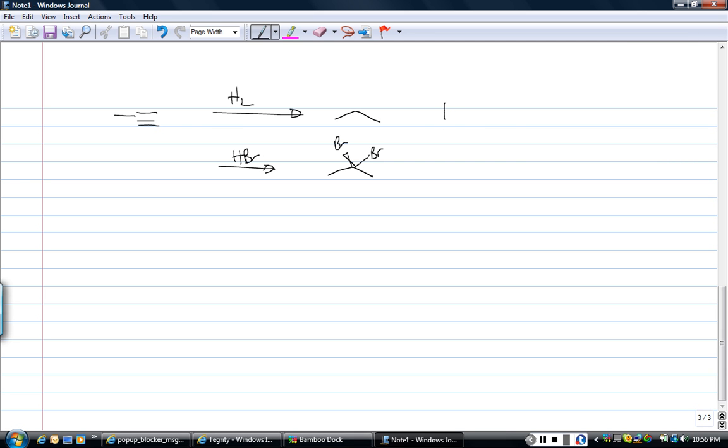So this is a hydrogenation. This is a hydrobromination.